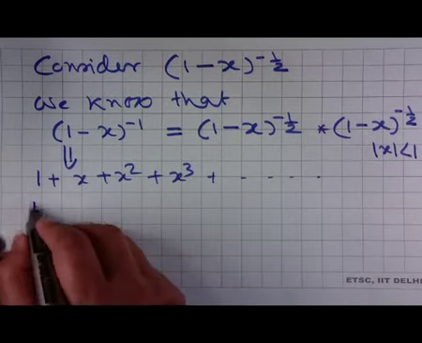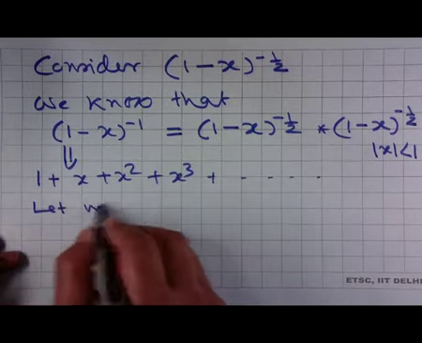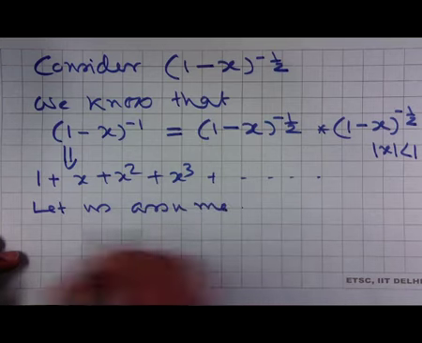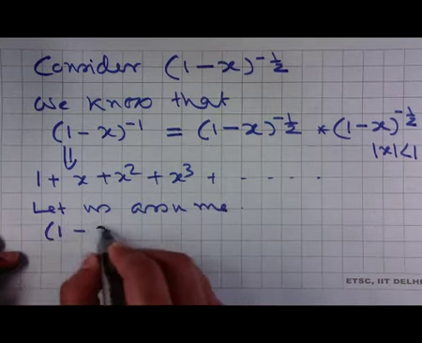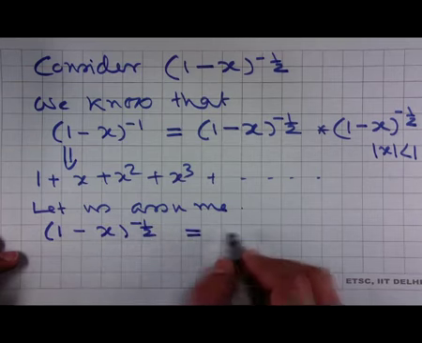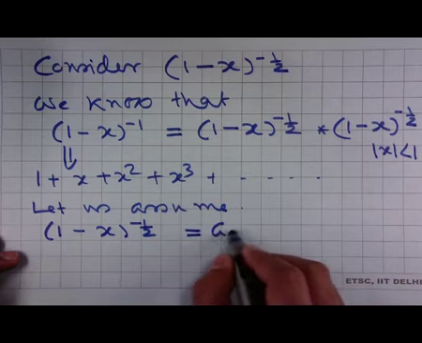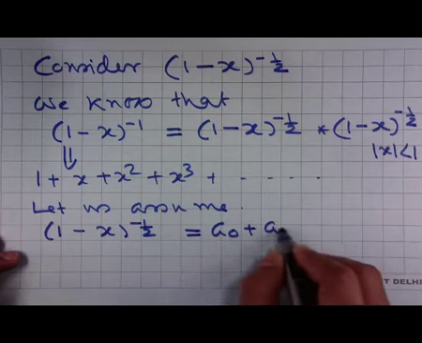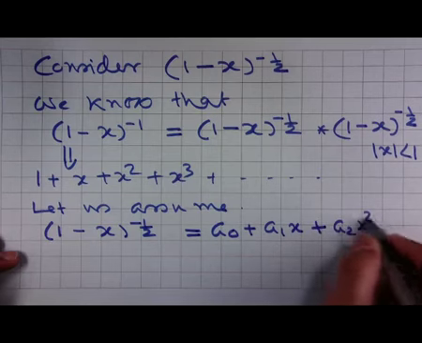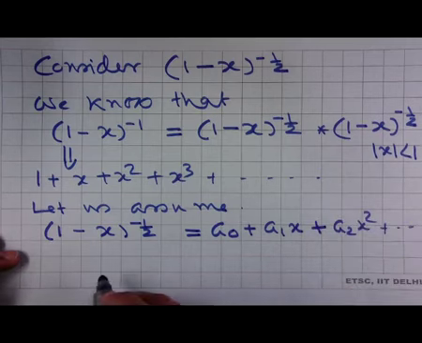Let us assume (1 minus x) whole to the power minus half is equal to a0 plus a1 x plus a2 x square, like that.